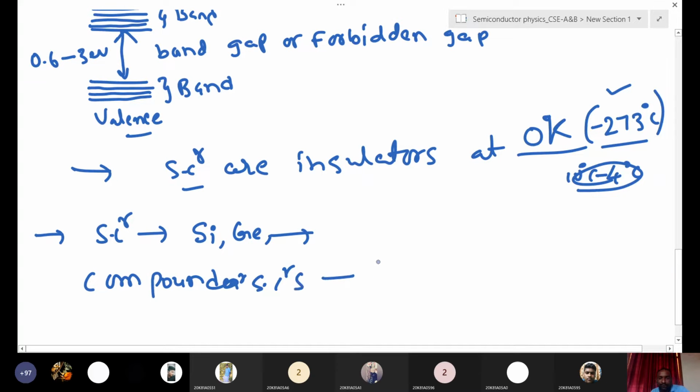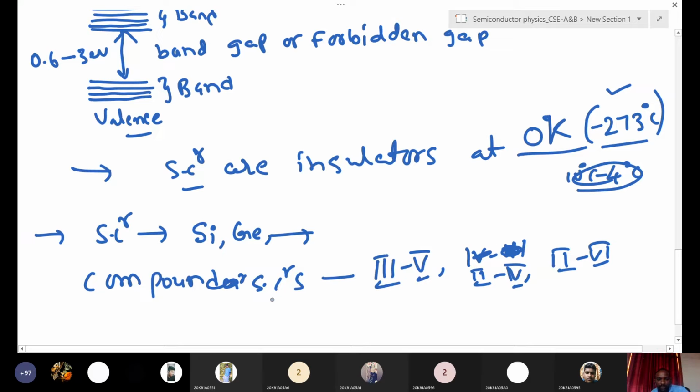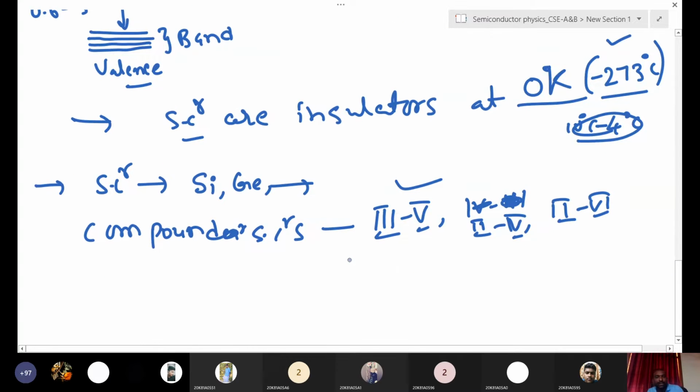If you take a combination of third and fifth group elements, second and fourth group elements, or second and sixth group elements, we call these compound semiconductors. Generally, fourth group elements like carbon, silicon and germanium are the general semiconductor materials.